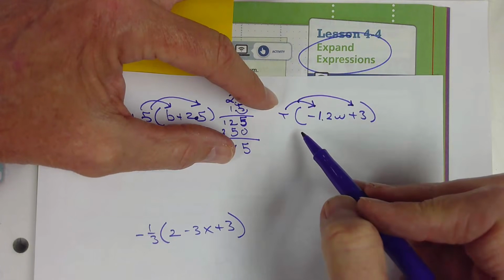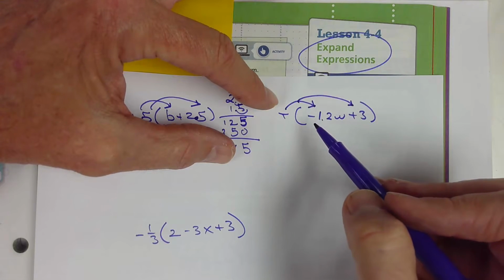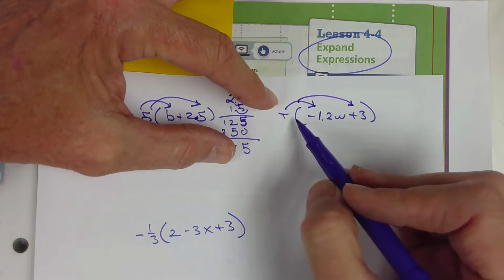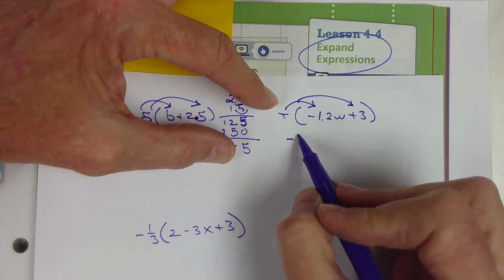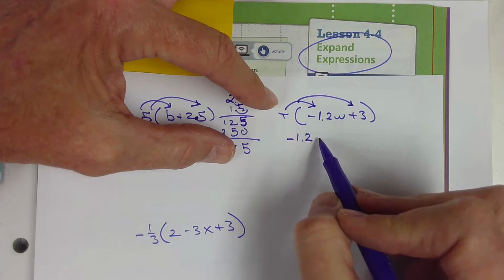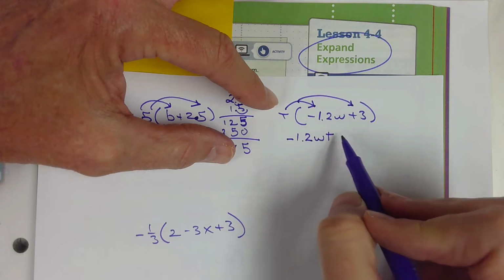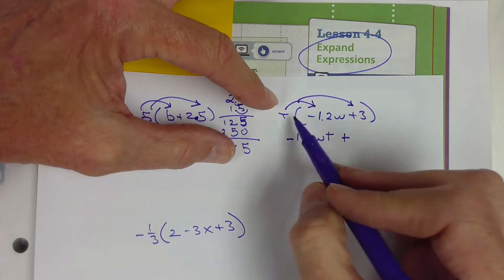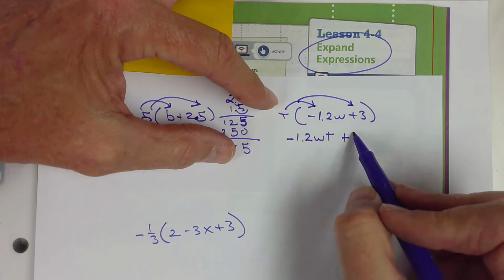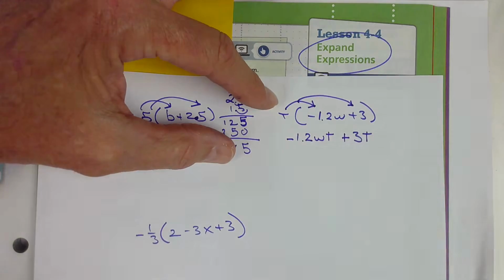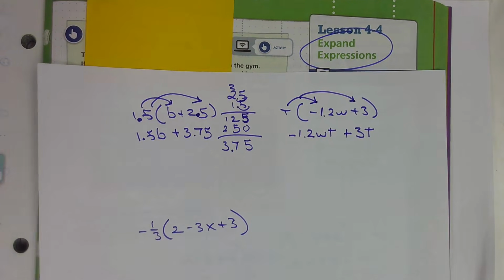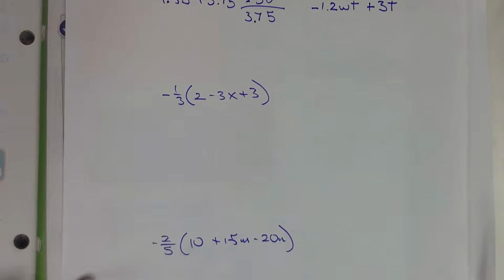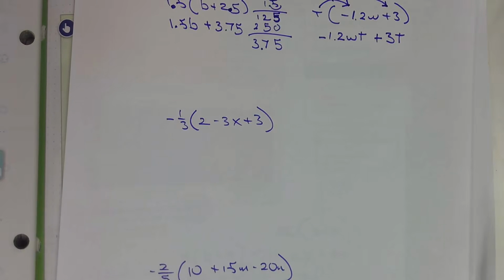Yeah, actually you can, because we don't know what t is. So I would just rewrite this as a negative 1.2wt plus, and you had that part right, just simply 3t. Okay? You guys see that? Yep. All right. Let's look at the next one.